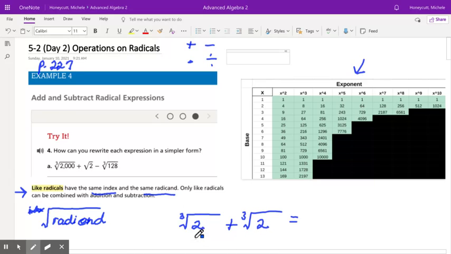And you're going to treat each part like it's an x. Because if I just had x plus x, that equals 2x. Well, right now I have this cubed root of 2 plus one more cubed root of 2. That means I have 2 cube roots of 2.